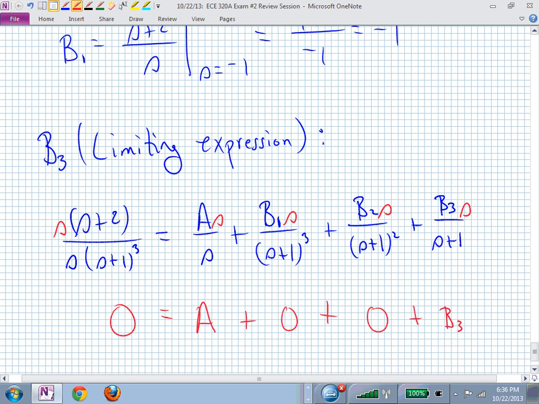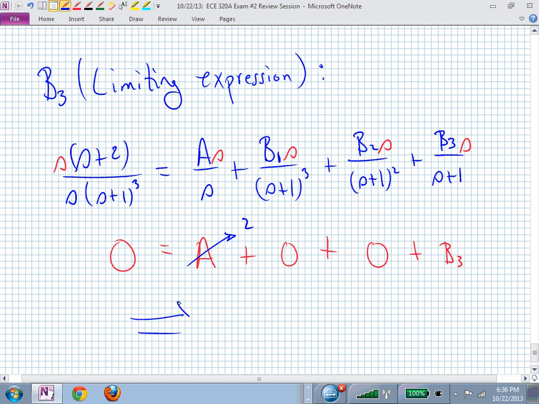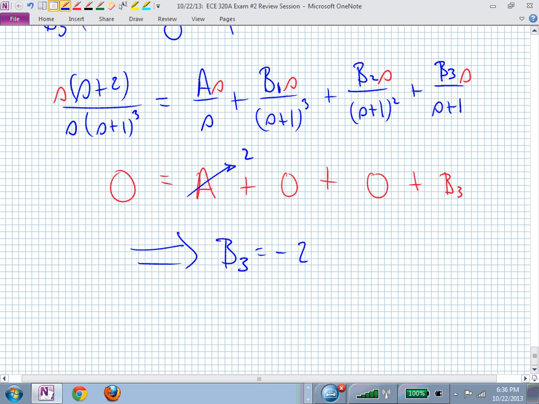Now I have one equation. I already know what A was. That was 2. So this now allows me to very quickly find B3 is minus 2. And I can now find B2 by a convenient value of s.